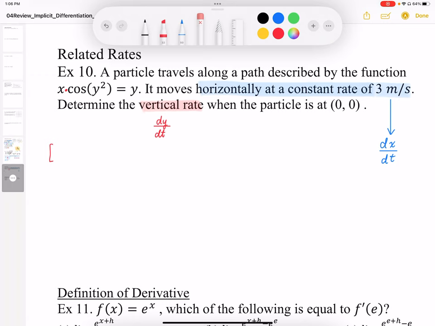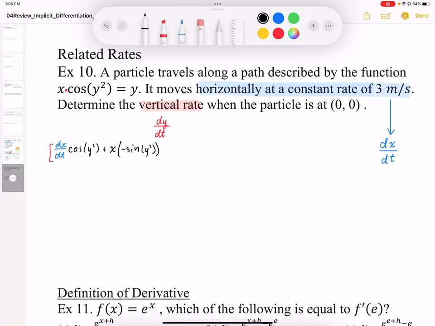Okay, so the derivative of x is dx by dt times cosine of y squared, plus x times the derivative of cosine, which is negative sine y squared.